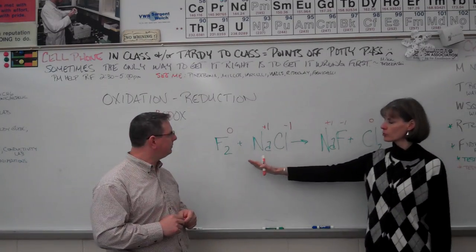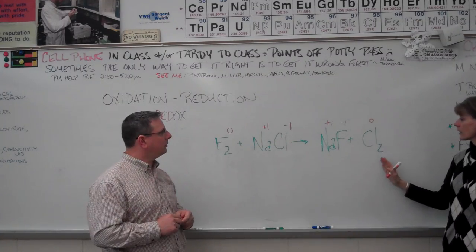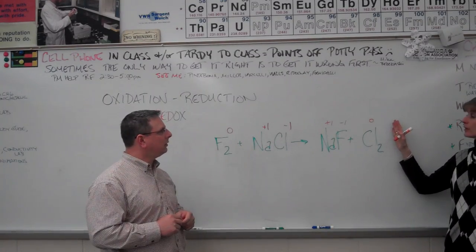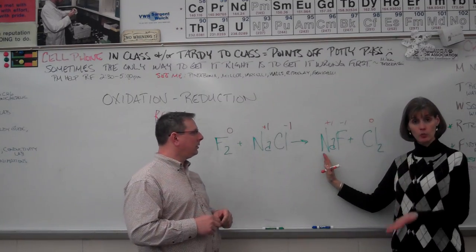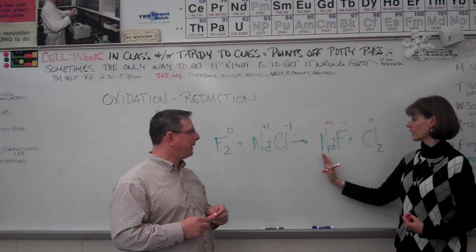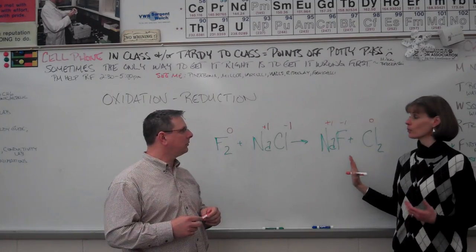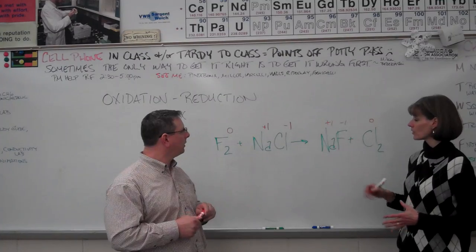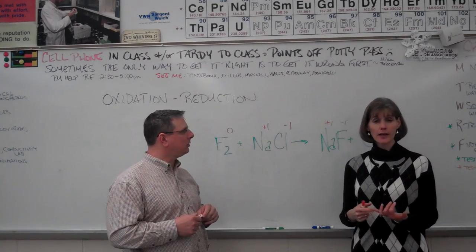The diatomic fluorine, element by itself, oxidation number of 0, just like the diatomic chlorine, element by itself, oxidation number of 0. And then we know our sodium, because it's in column 1 with 1 valence electron, is +1. We kind of picked this one on purpose because we knew we had halogens here that would be -1.